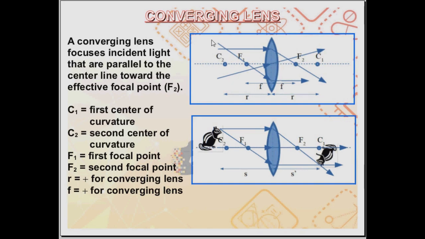F2 is referred to as the effective focal point of the lens. So the effective focal point is behind the lens. Therefore, f is positive. The same goes for r. r is positive for a converging lens. And depending on the location of the object, the location of the image will change. You might have a virtual image or a real image.